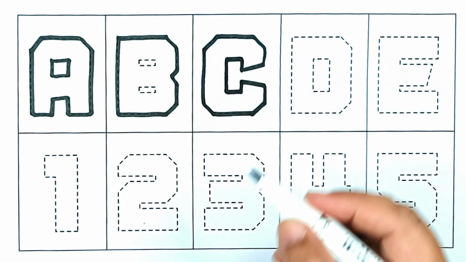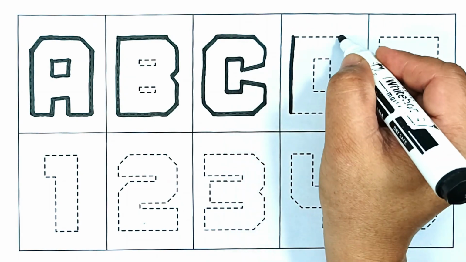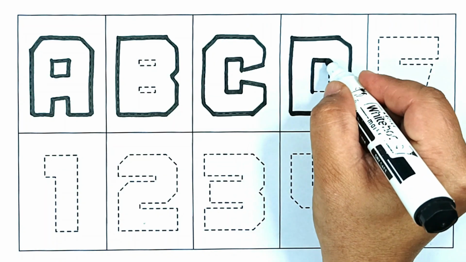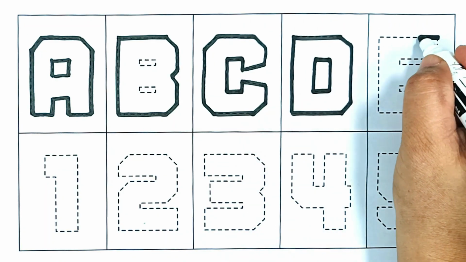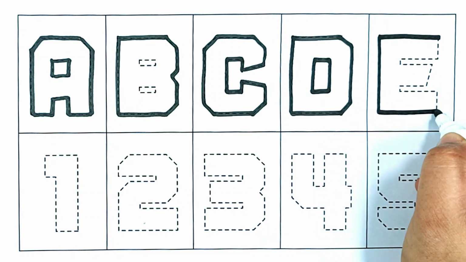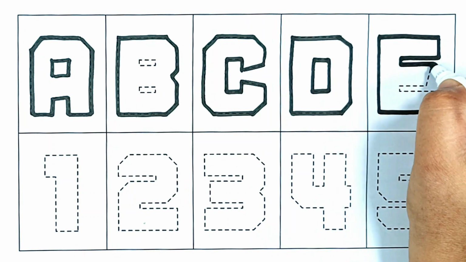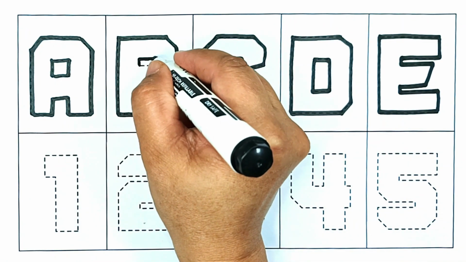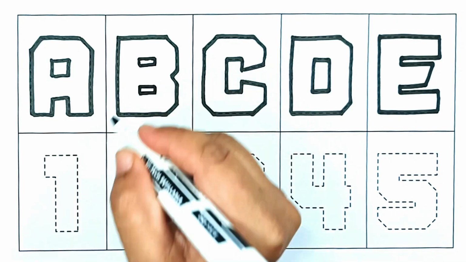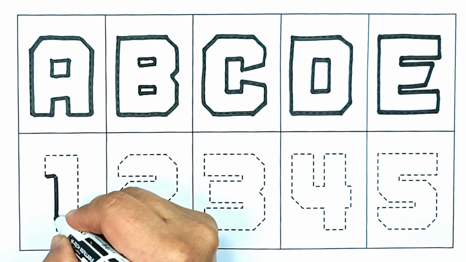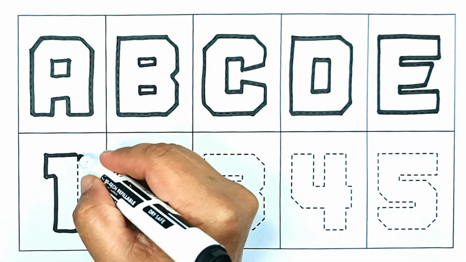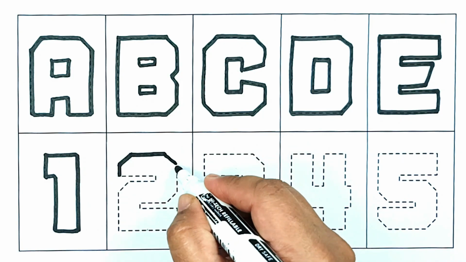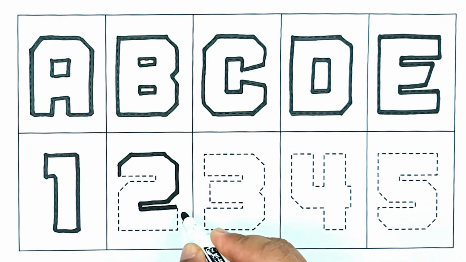C. D. All around the mulberry bush, E. The monkey chased the weasel. The monkey thought it was all in good fun. Pop goes the weasel, a penny for a spool of thread, a tuppence for a needle. That's the way the money goes. Pop goes the weasel.